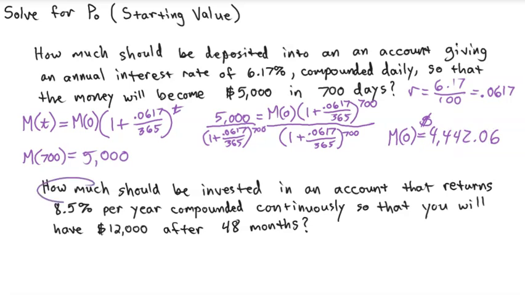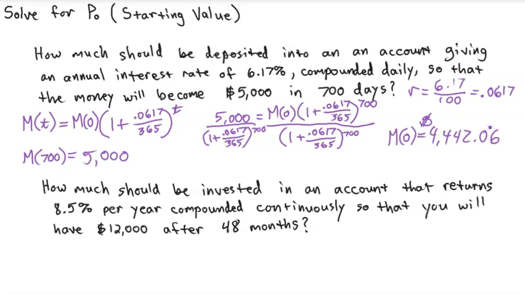All right, so this one is saying how much should be invested in an account that returns 8.5% per year compounded continuously so that you will have 12,000 after 48 months. Okay, so we're going to leave this in years, but I want you to notice this says 48 months.